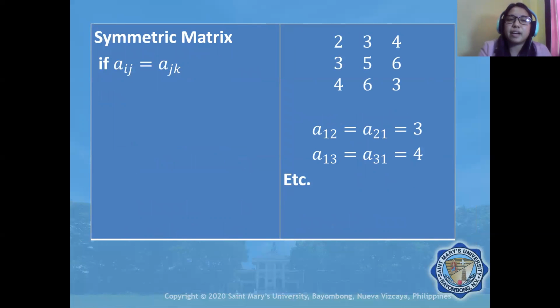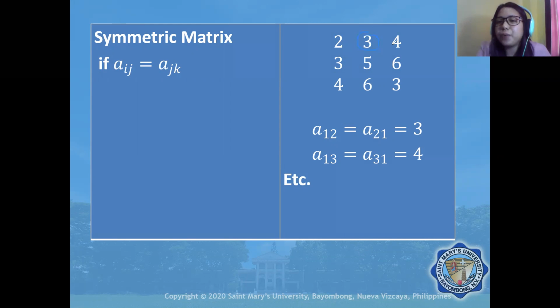For a symmetric matrix, we have a sub i j is equal to a sub j i. This means that, for example, we have here a sub 1,2. So our a sub 1,2, row number 1, column number 2, is 3.